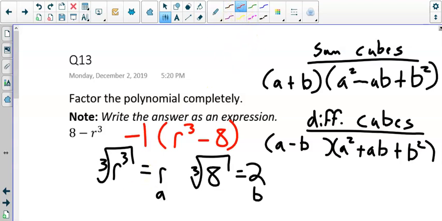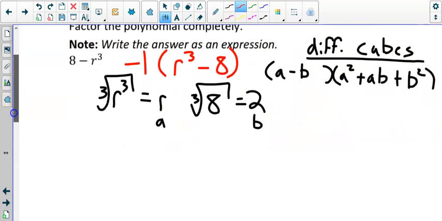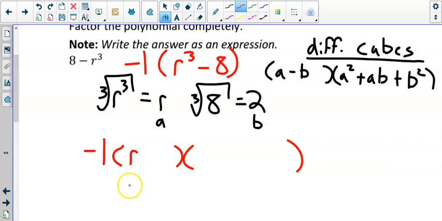So let's fill in. We got -1 in front, and then you got your two parentheses. What's the first parenthesis look like? R, keep going. Fill in. -2. Here's your first parenthesis. Now we're going to fill in the next piece.